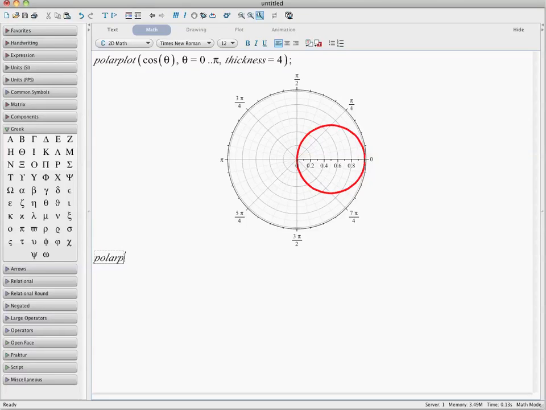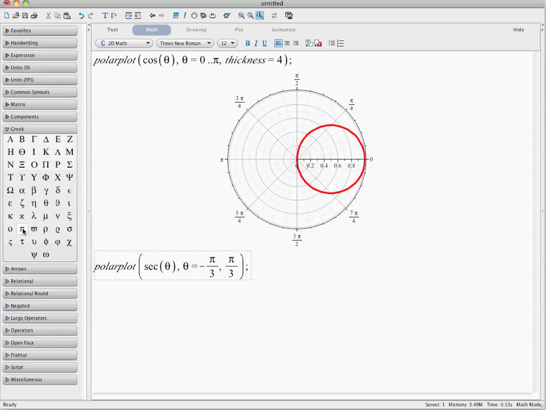Now I'm going to do a polar plot, and this time I'm going to do secant of theta, and theta is going to go from negative pi over 3 to pi over 3. And this should give me a line segment.